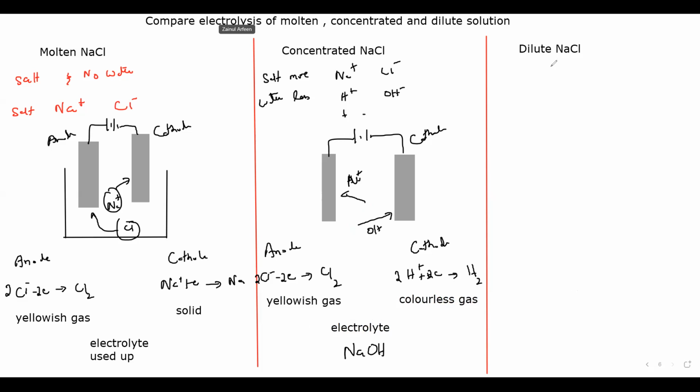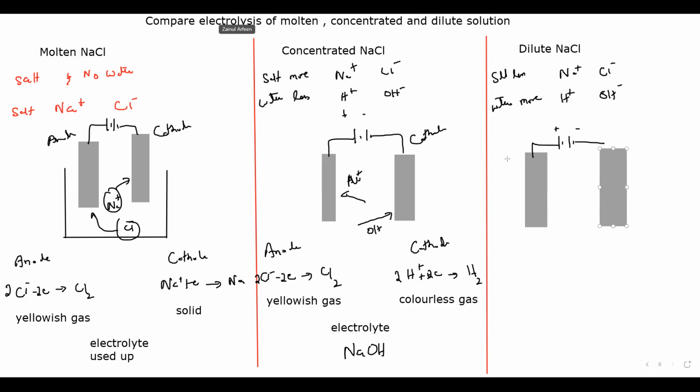If you have dilute sodium chloride, it means salt is less and you have more water. So you have sodium ion, chloride ion, H ion and OH ion. These are the ions present. These are the electrodes, anode and cathode, made of either graphite or platinum.